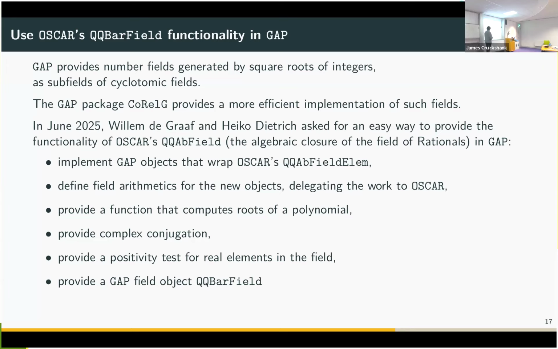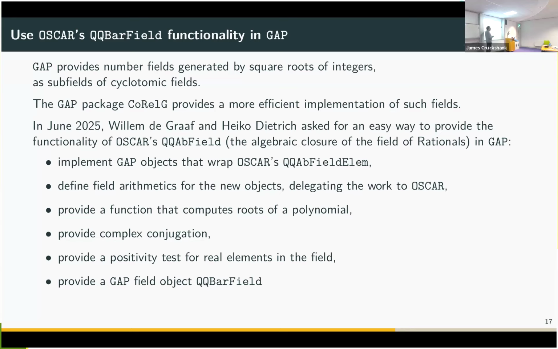Then you also need a function that does what they actually want. Then we take a polynomial and compute some root, and then later work with the square root of this polynomial, this root of the degree 2 polynomial.